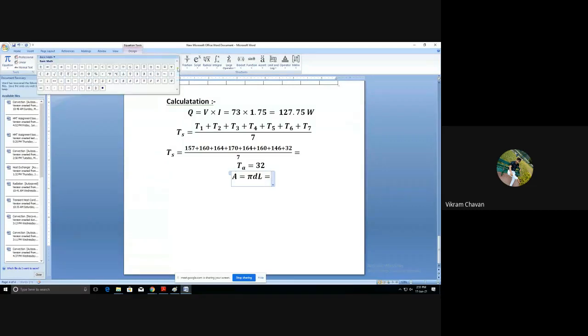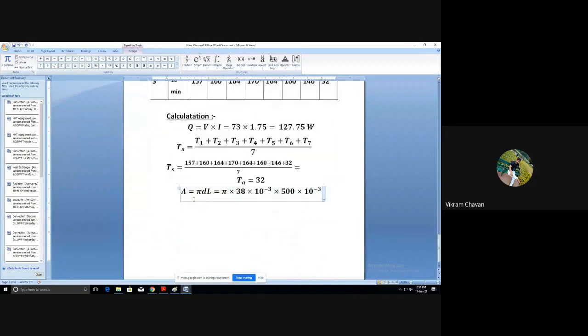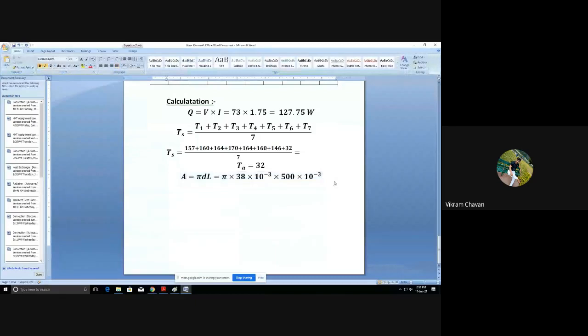So pi multiplied by d, 38 into 10 to the power minus 3, multiplied by 500 into 10 to the power minus 3. I've taken the values in meters. Calculate A, and then you can calculate h by using Newton's law of cooling.